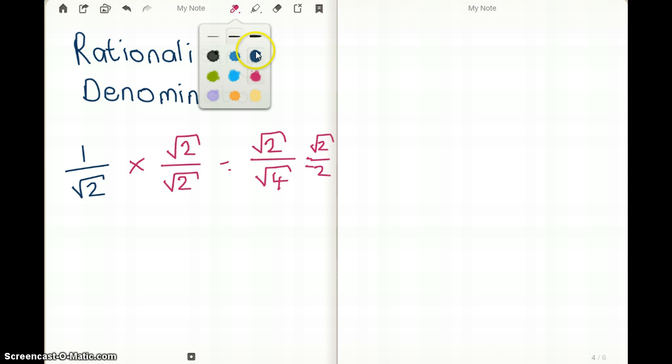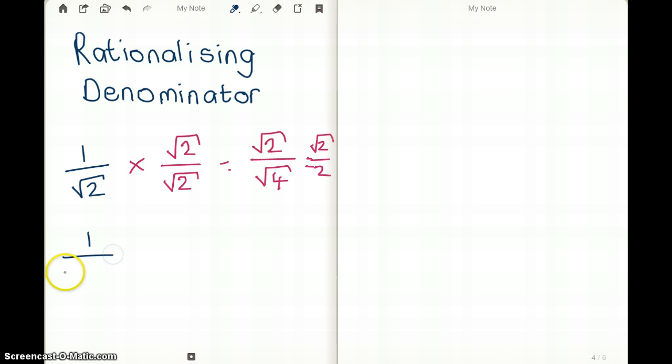It gets a little bit more complicated when we want to do something with a root minus or a root plus something in the bottom. So if I had 1 over, let's do 3 plus root 2, then the rule is what I times by, the bit here, I always do the opposite.